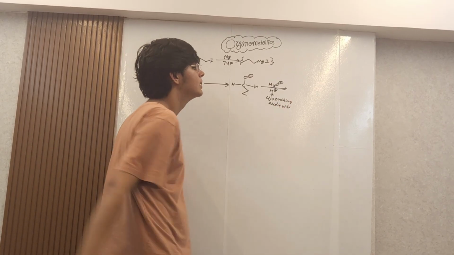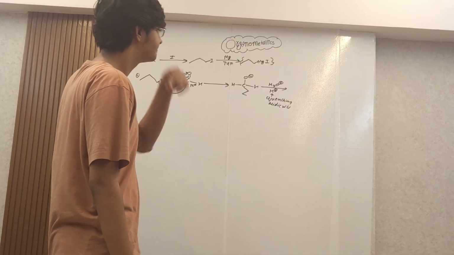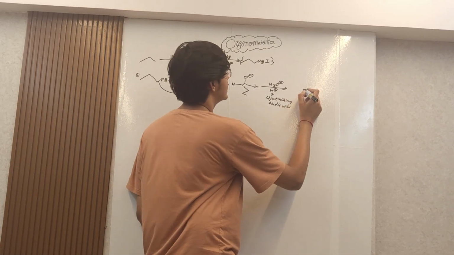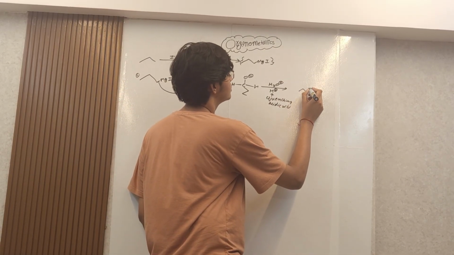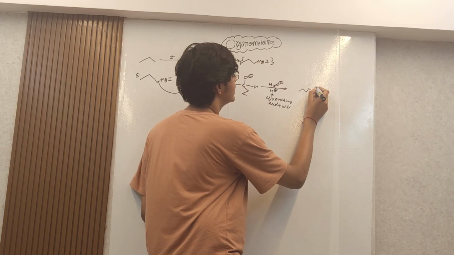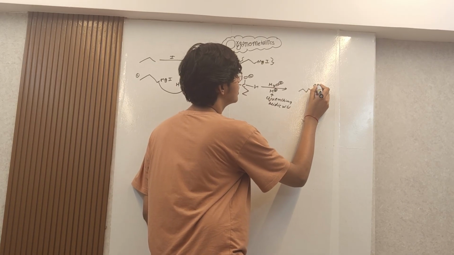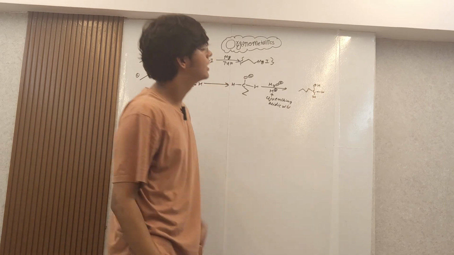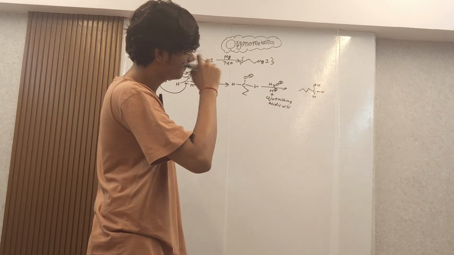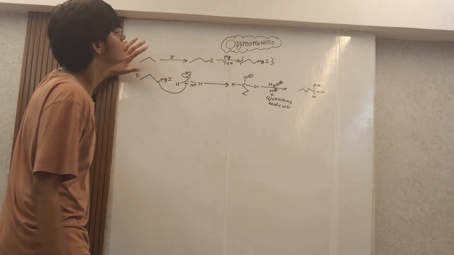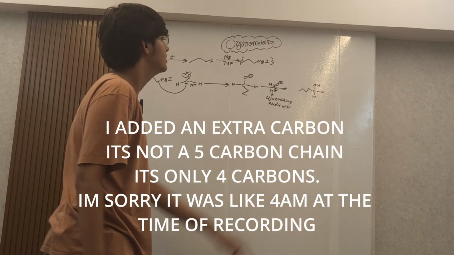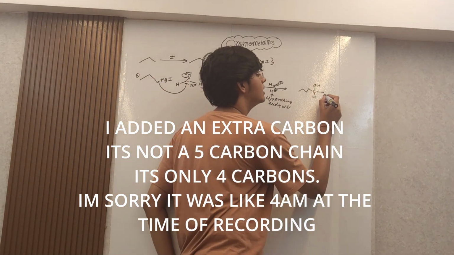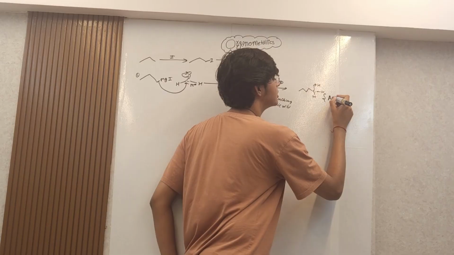So what we will get is 1, 2, 3 attached to this carbon and an OH with two hydrogens. So if you look at it, we went from propane, we made a Grignard's reagent, and then we made an alcohol.